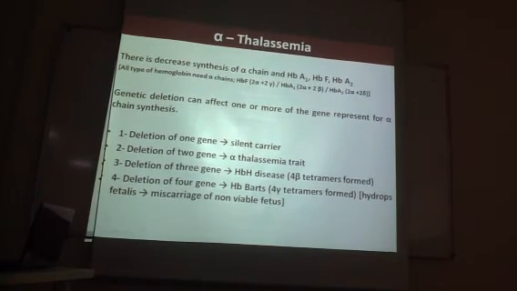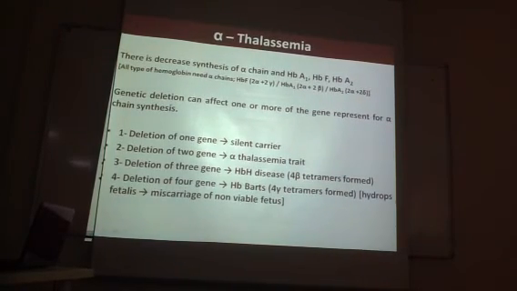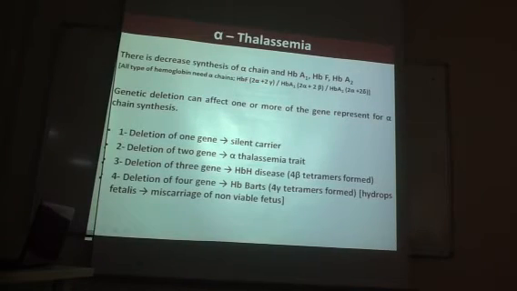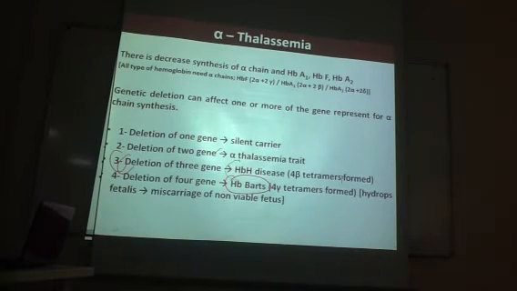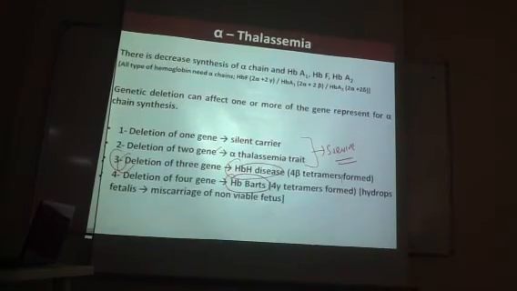Okay, that kind of child, the fetus, will die in the embryo itself. So that is called hemoglobin Bart's. If there is 3 gene mutation, that is called hemoglobin H disease. Okay, and if there is 1 gene mutation or 2 gene deletion, they can survive.